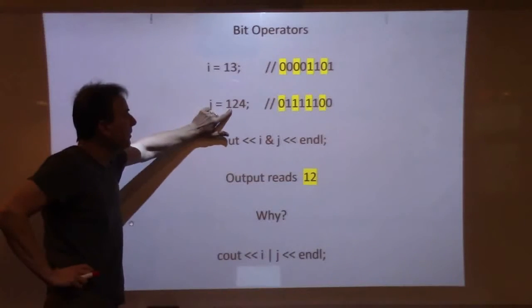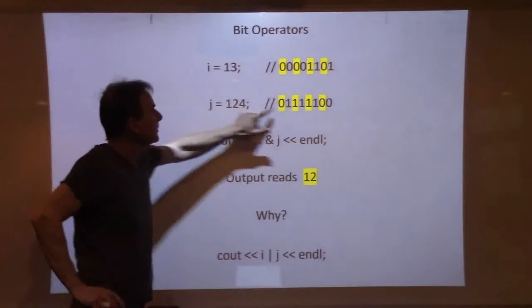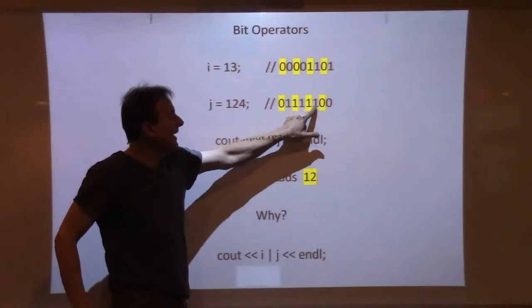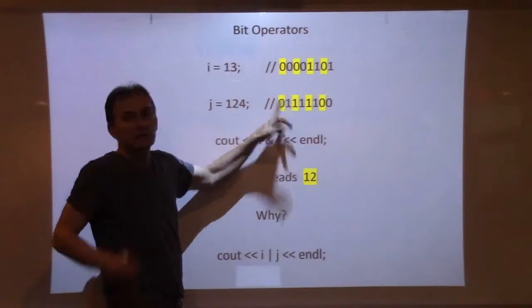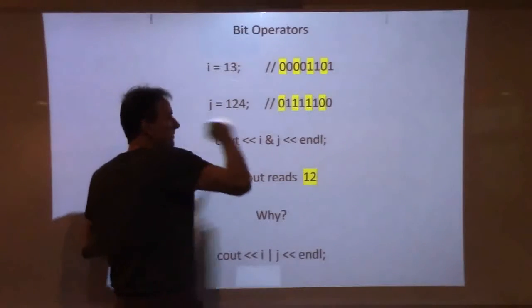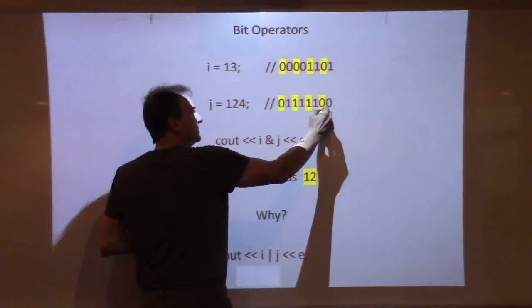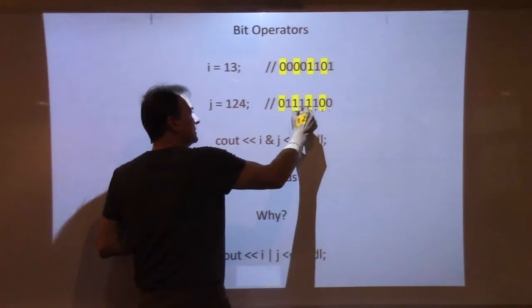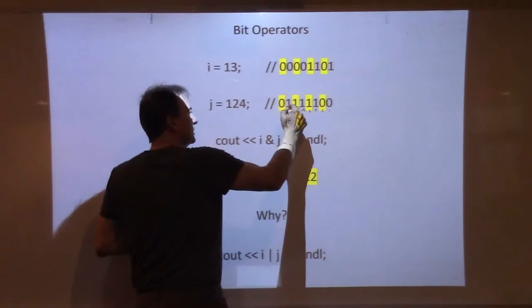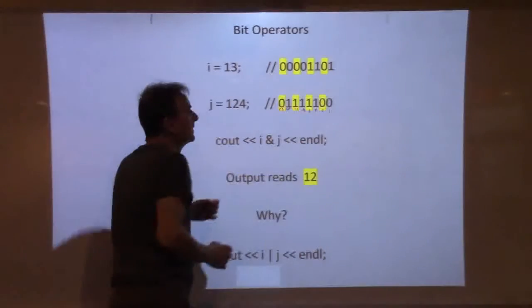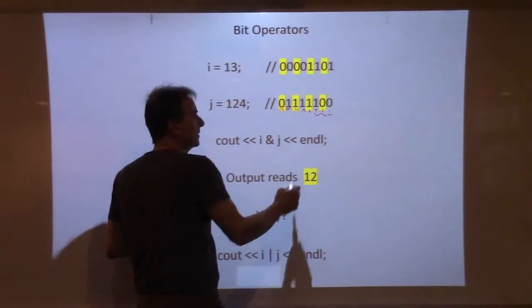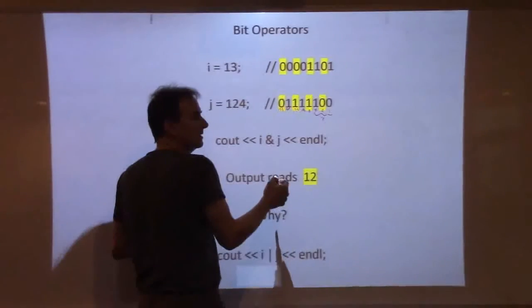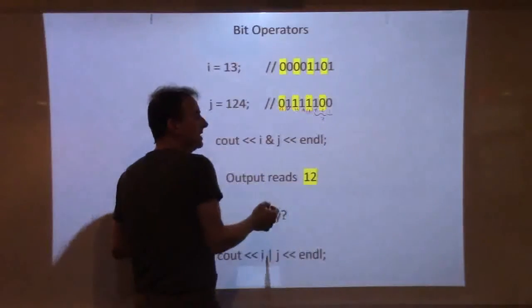Now 124 is stored like this. It's 1, 2, 4, 8, 16, 32, 64, 128. If you add up 4, 2, and 1, you get 7, and this one is 8.